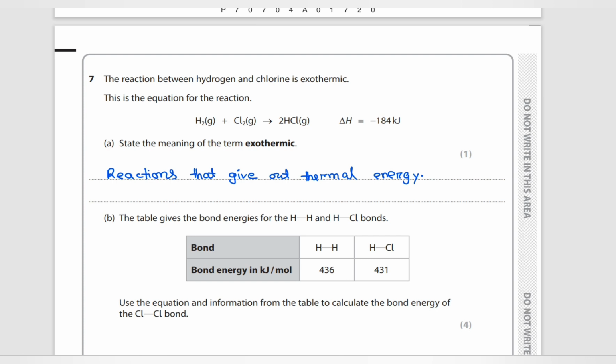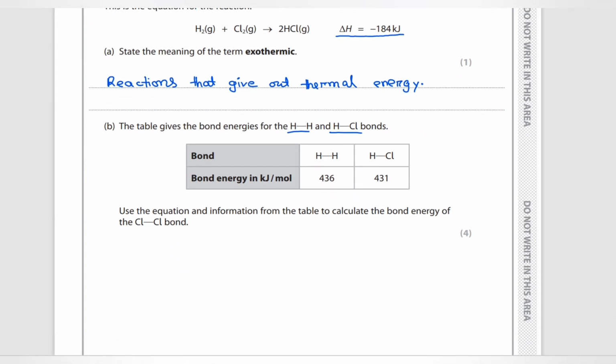Part B says the table shows the bond energies for the H-H and H-Cl bonds. Use the equation and the information from the table to calculate the bond energy of the Cl-Cl bond. We already know the enthalpy change for this reaction is -184 kilojoules.